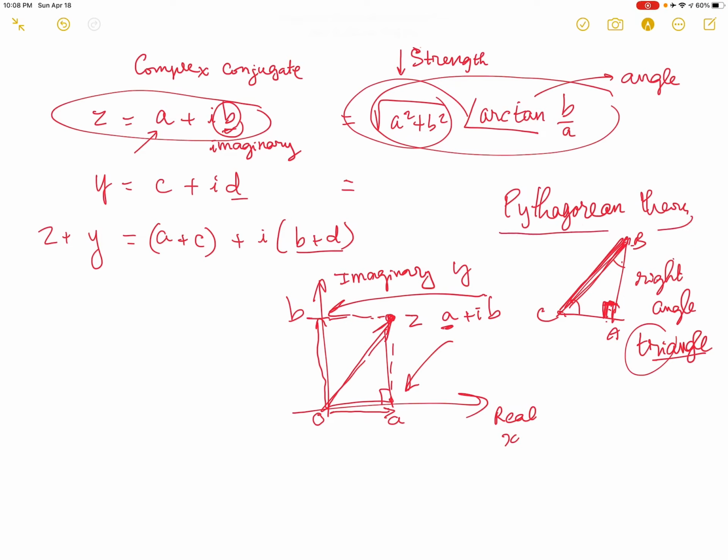In the Pythagorean Theorem, it says that this base here, opposite the 90-degree angle, when you square that amount, it is equal to the square of AC plus the square of AB, meaning the square of the base is equal to the sum of the squares of the other two sides, AC and BA.